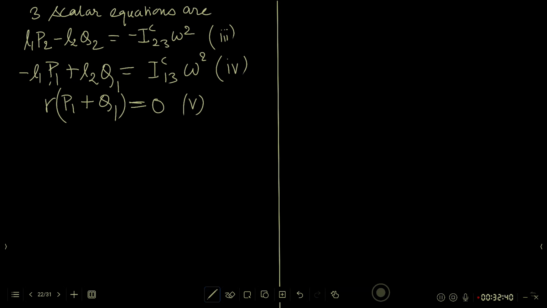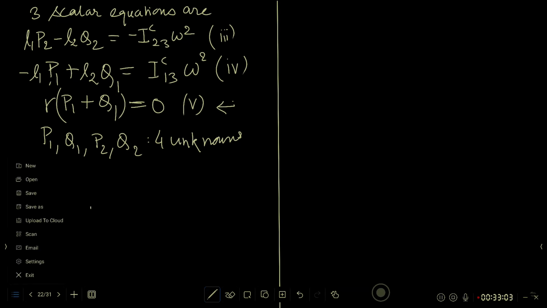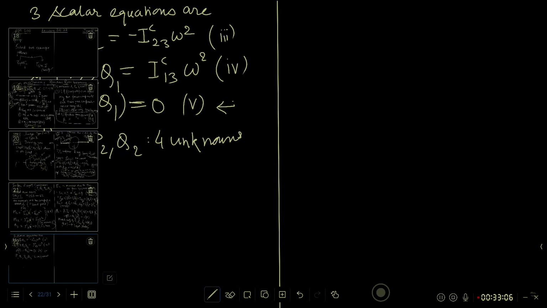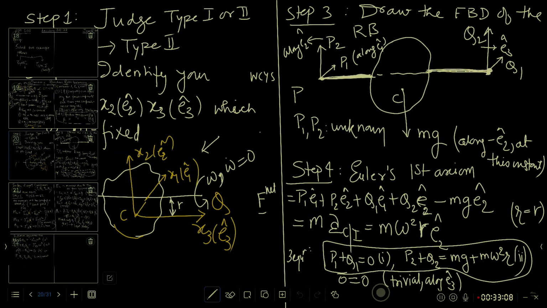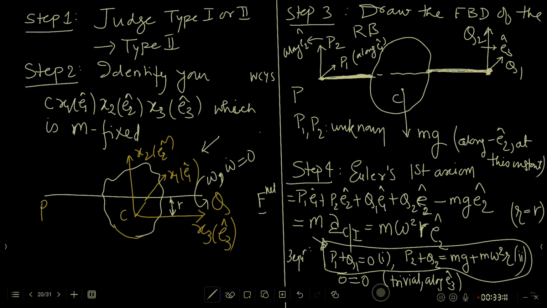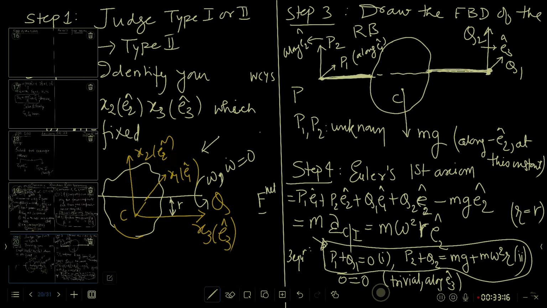Again, how many unknowns we are dealing with? 4. Are we getting an excess number of equations? Looks like, but let's recheck. This equation is effectively P1 plus Q1 equals 0. Now if you go back and check the first equation here on this slide, that is also the same. So equation number 1 and 5 are the same equations. So at the end of the day I am getting only 4 independent equations.